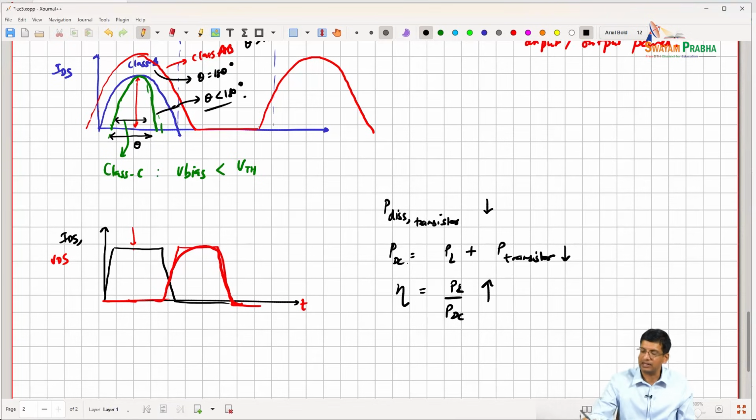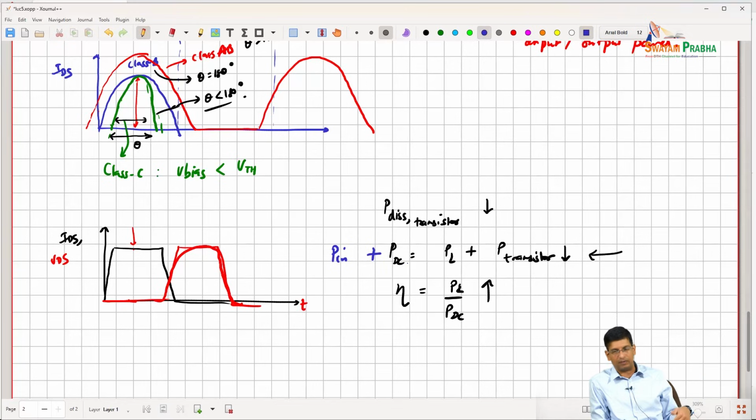Now, this equation is a little incorrect, because these are not the only things that I'm applying. I'm also applying technically a P in into my system that is driving my amplifier, right? So this efficiency doesn't capture the whole metric, right?